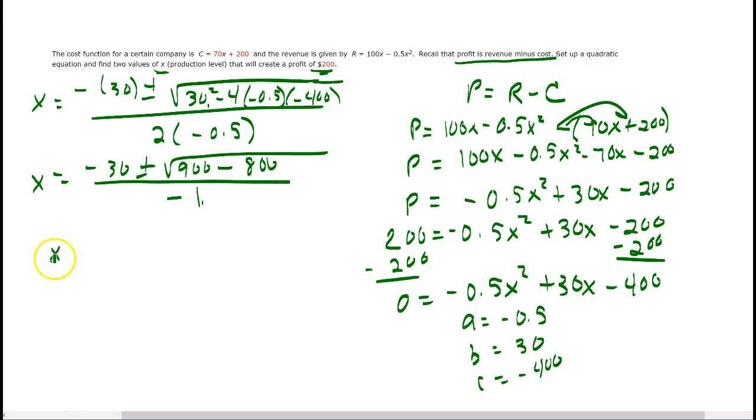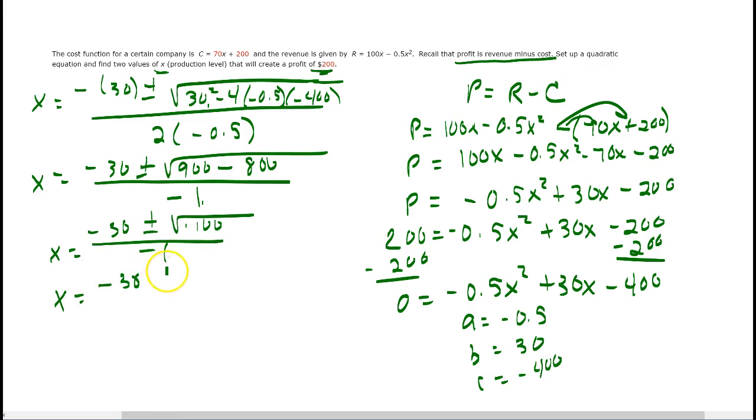So I end up with x equals negative 30 plus or minus the square root of 100 over negative 1. Well, we know the square root of 100, that's 10. So I have negative 30 plus or minus 10, and these are both over negative 1, which is going to make this a positive 30. 30 plus or minus 10.